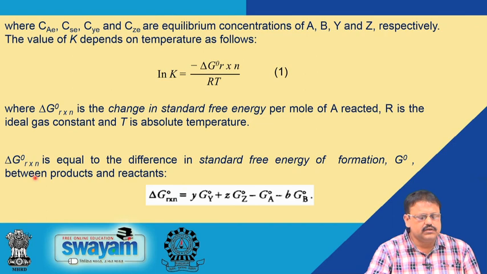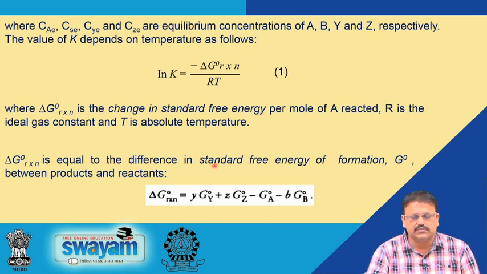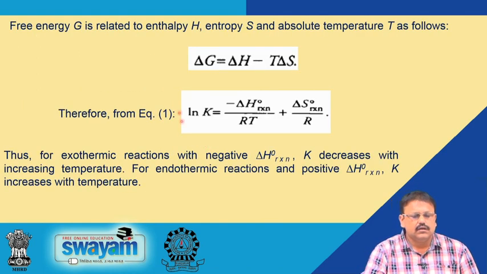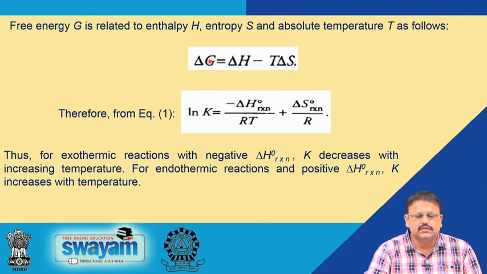So, delta G is equal to the difference of the standard free energy of formation, coming from the reactants and products, and this can also be presented in enthalpy and entropy form.